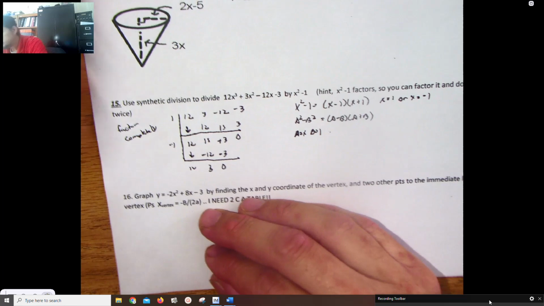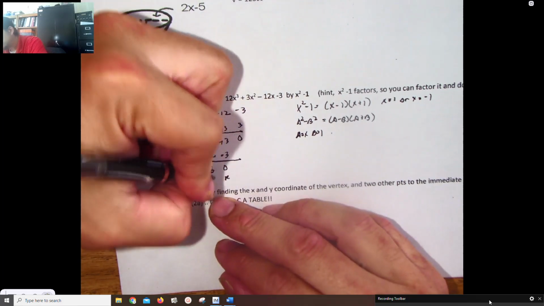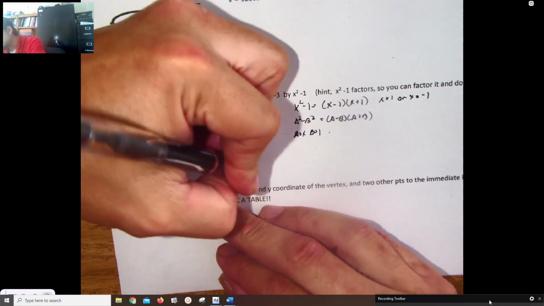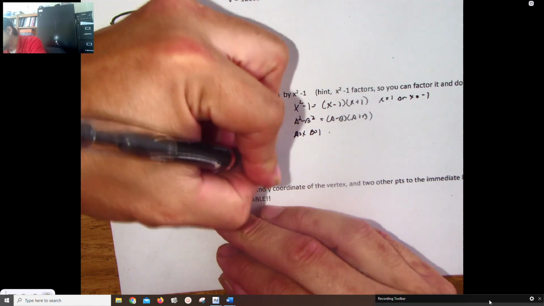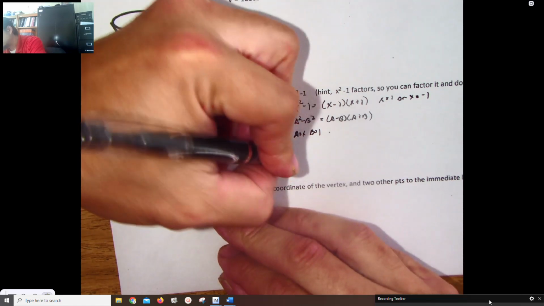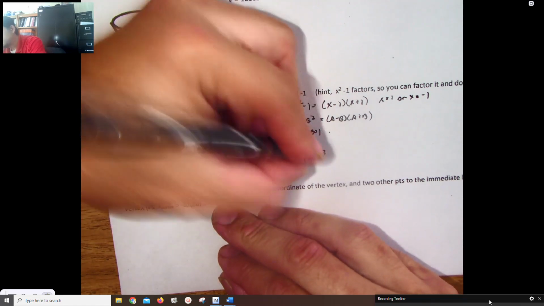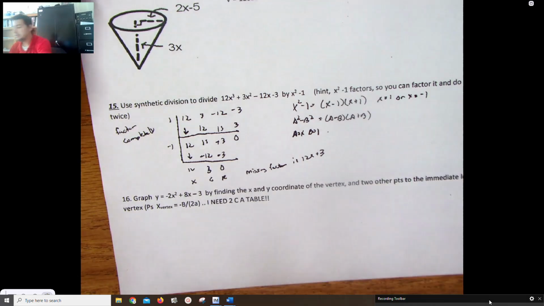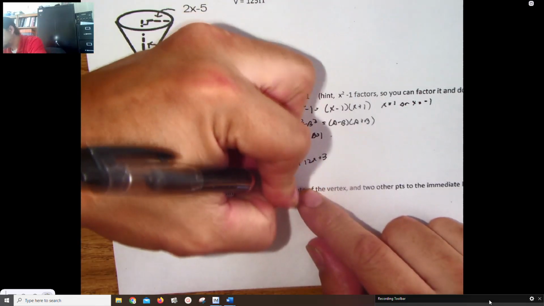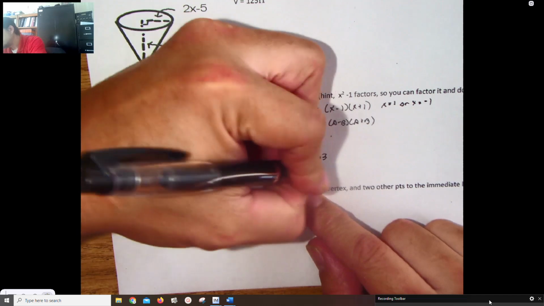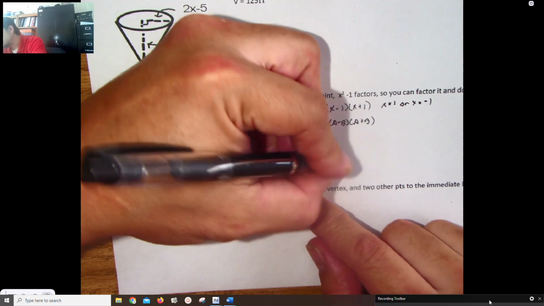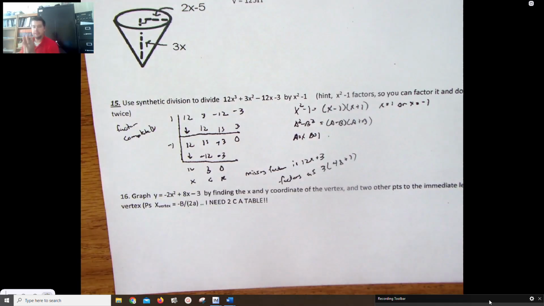All right. So remainder, constant x, the missing factor is 12x plus 3, which also factors as 3 times 4x plus 1, because you can pull a 3 from both terms.